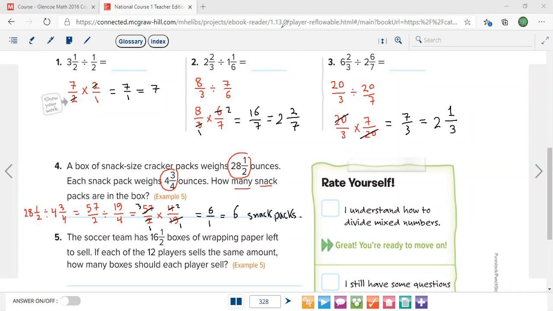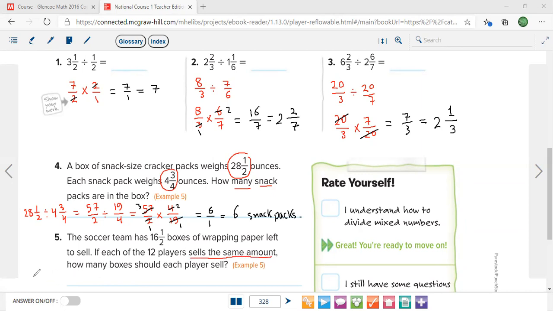Now in problem number 5, the soccer team has 16 and a half boxes of wrapping paper left to sell. If each of the 12 players sells the same amount, how many boxes should each player sell? Sells the same amount. This is a keyword that will tell you you are going to divide.